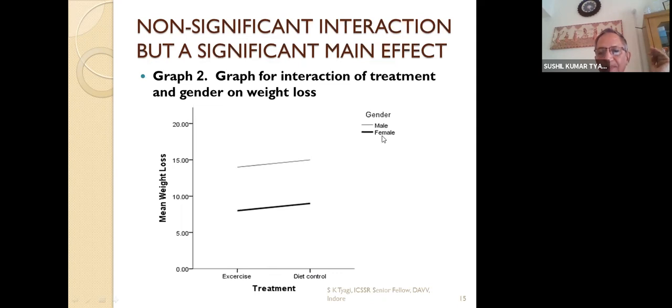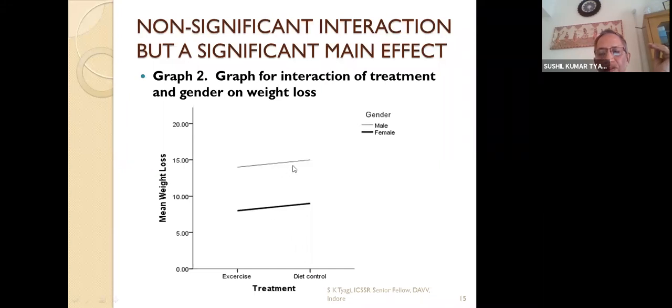Now there are male and female, and this is the mean weight loss after the end of treatment. Now what do we see? We see the line representing male is quite up, not slightly, than the line representing female. That means males have been able to lose more weight than the females, whether they are in this treatment group or they belong to this treatment group.